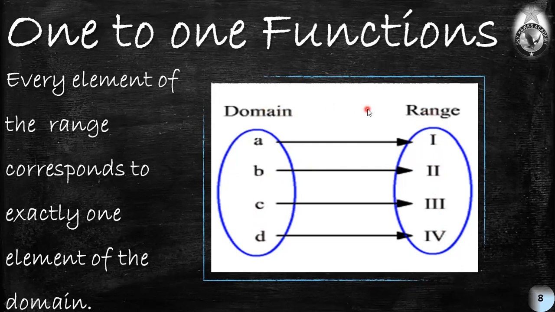So it must have an inverse, because when we reverse, 1 will go to A, the second will go to B, the third will go to C, and the fourth and last one will go to D. That's why functions must be one-to-one to have their inverse.